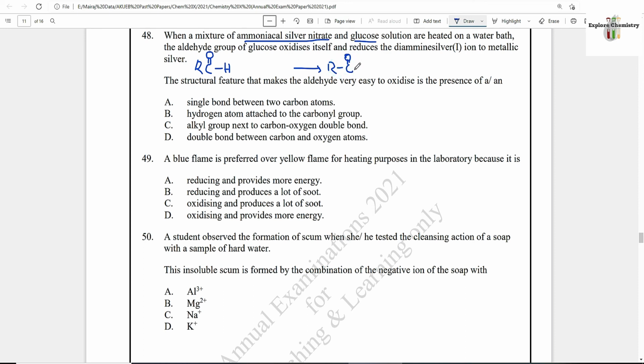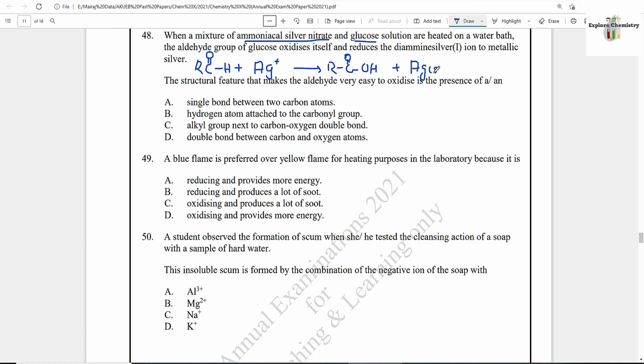On oxidation, every aldehyde will give you the corresponding carboxylic acid. And if it is reacting with any oxidizing agent like ammoniacal silver nitrate, which contains the silver plus 1 charged ion, it will give you solid silver, silver atom.